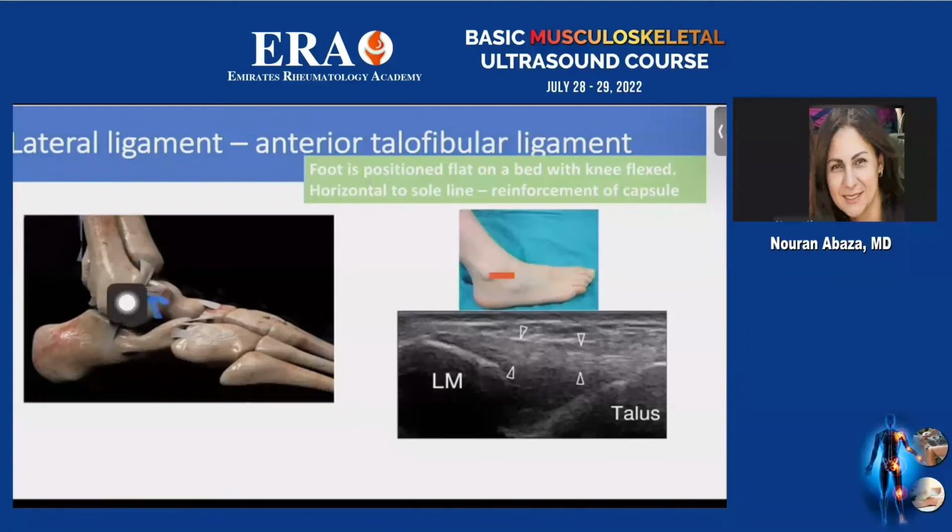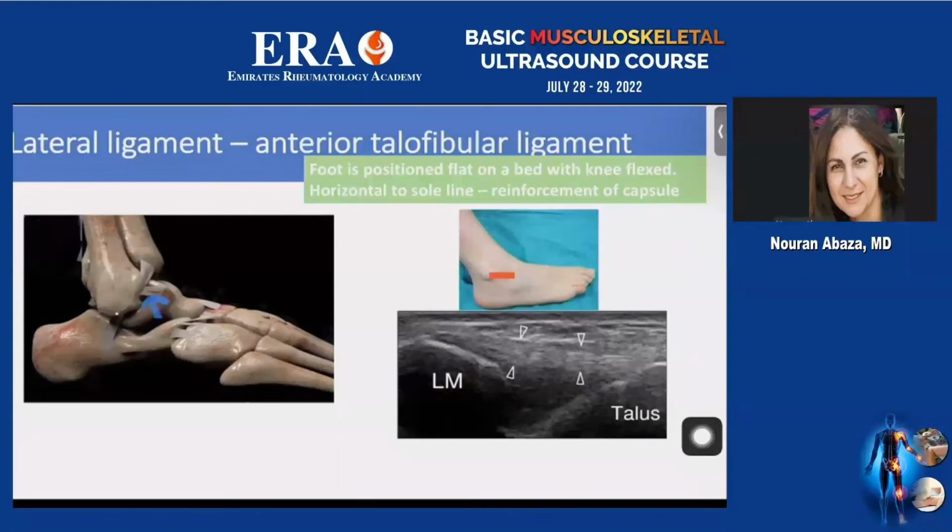Sorry, here it's written tibio, but it is the talofibular ligament between the lateral malleolus and the talus. Okay, so this is the lateral malleolus and this is the talus. It's the anterior talofibular ligament. You will put your probe like this and you will see the ligament extending in this way between the lateral malleolus of the fibula and the talus.